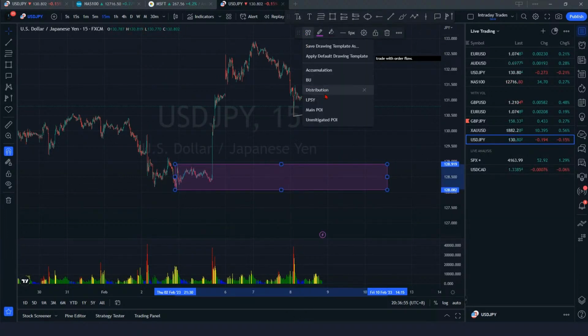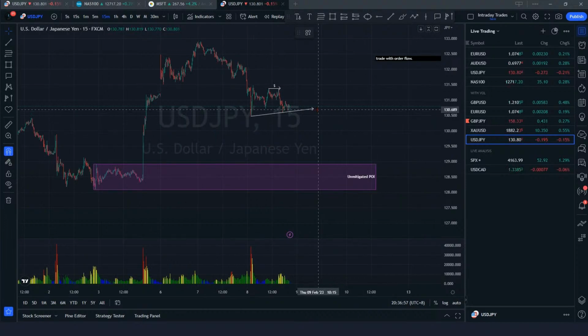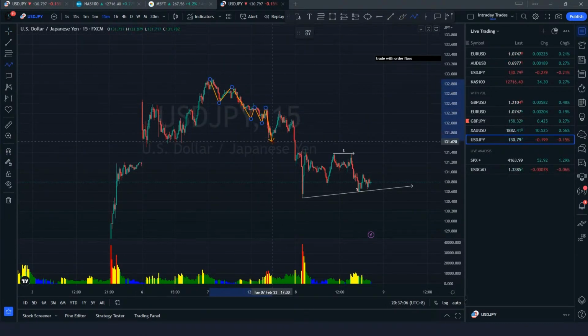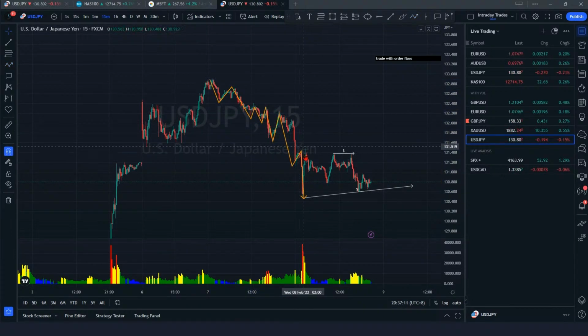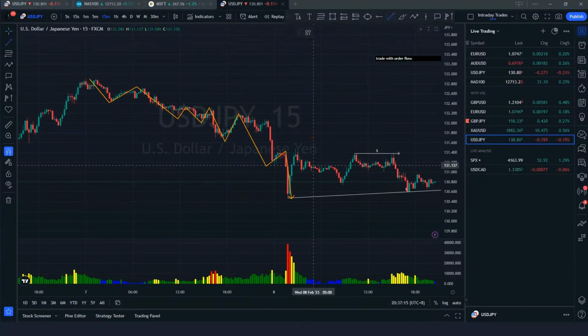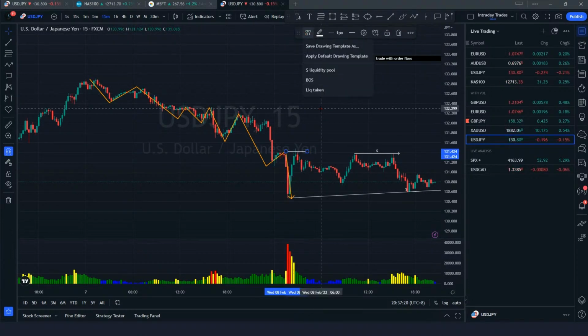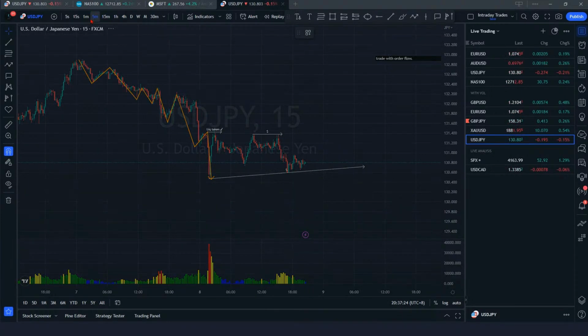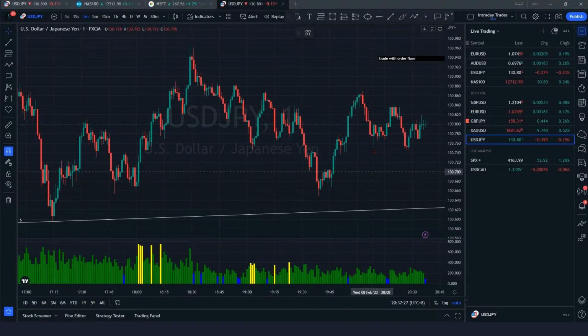So we have this unmitigated area, liquidity pool to be taken. Okay. So we are on a downtrend. Okay. So price is working around. Okay, there's a liquidity grab over here. Okay. So price, let me see on a lower time frame.